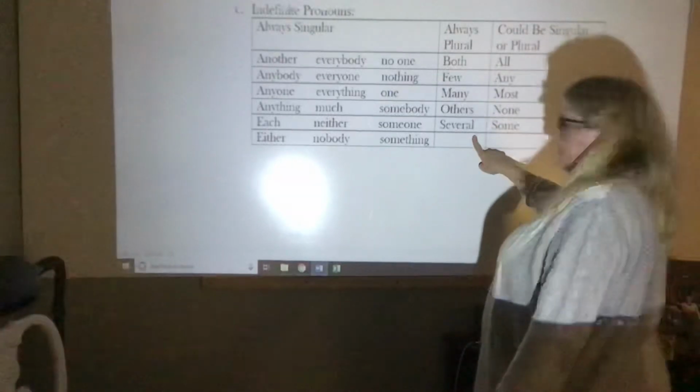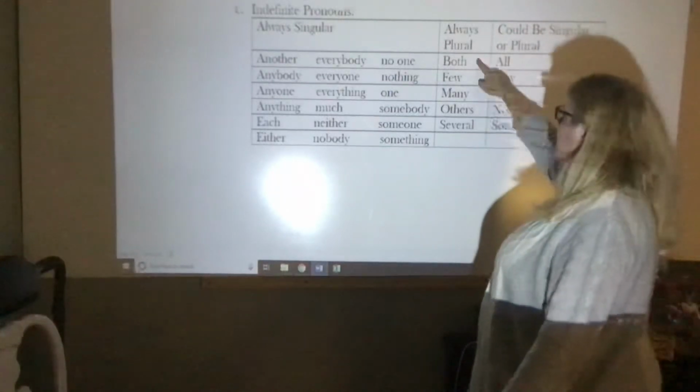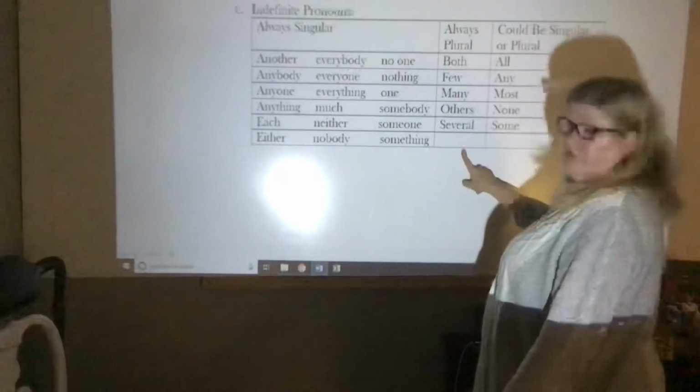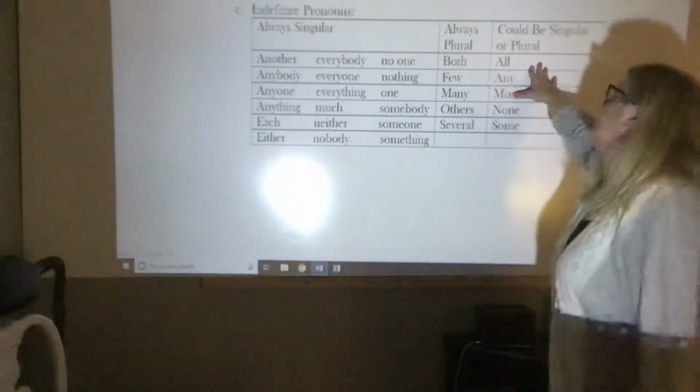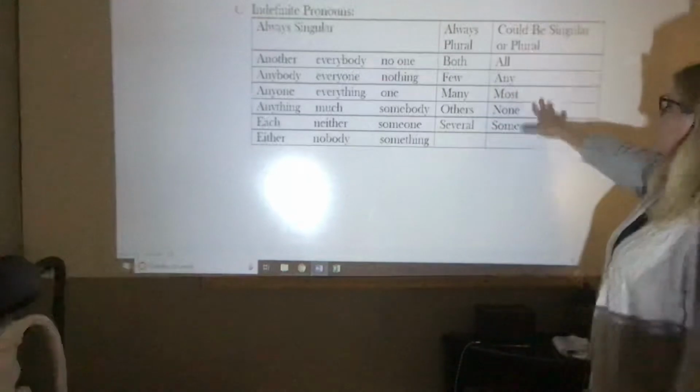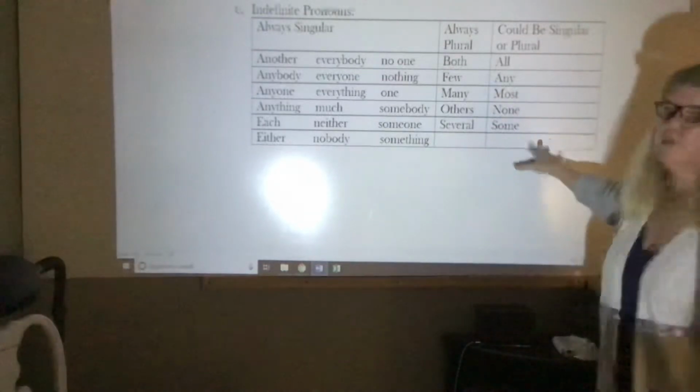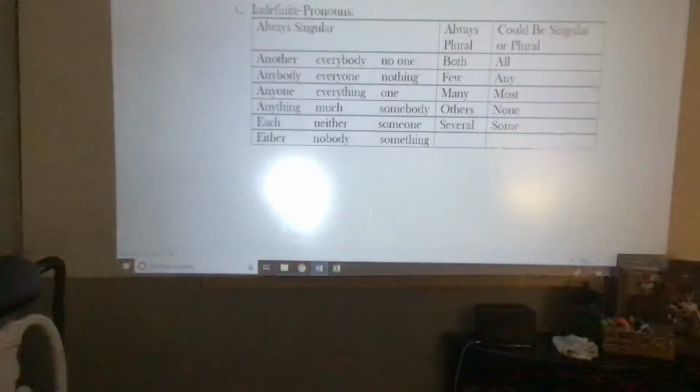These are always plural: both, few, many, others, several. Then these could be singular or plural. They could be either, it depends on your verb. Those would include all, any, most, none, and some.